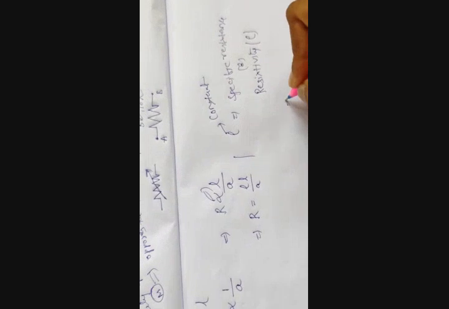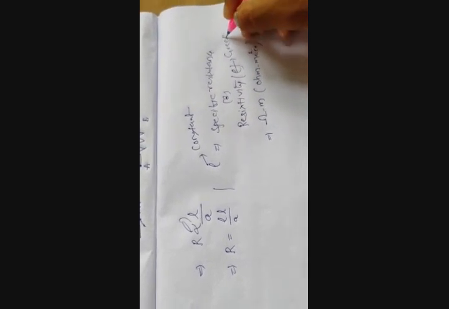It is measured in ohm meter. Rho is a Greek letter.